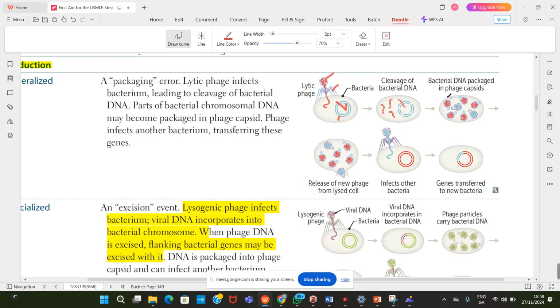Then the bacterial DNA, the phage will now start packaging itself into capsid. Let me make a point here. We know that if this phage comes in, releases its DNA, and the bacterial cell replicates the phage DNA, the phage DNA is going to undergo DNA replication, DNA transcription, mRNA translation to form what?